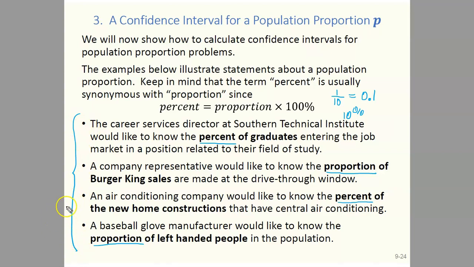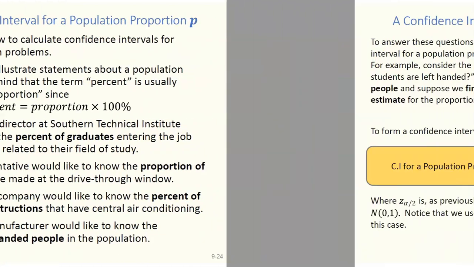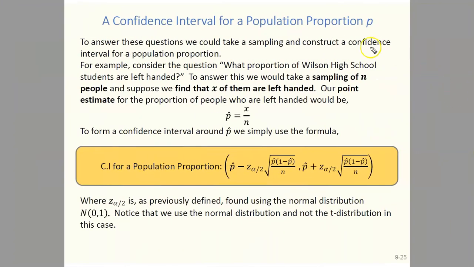So now let's discuss how to construct a confidence interval for a population proportion problem. To do so, this is the formula down here that we're going to use. For example, consider this question. What proportion of Wilson High School students are left-handed?